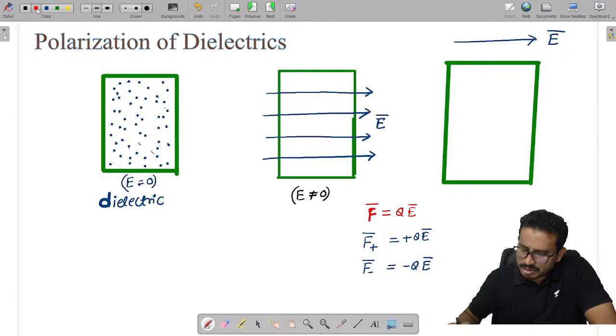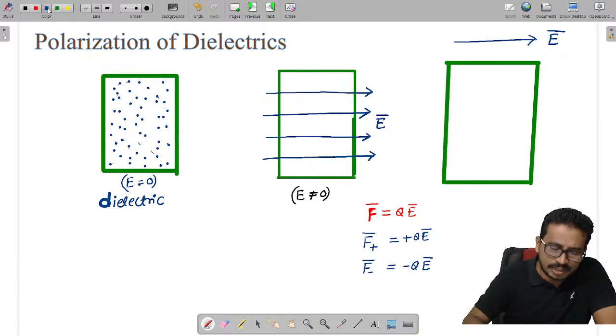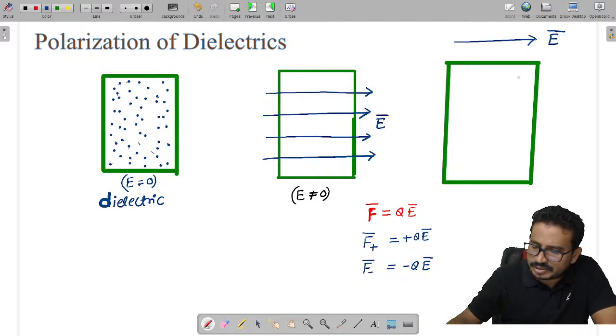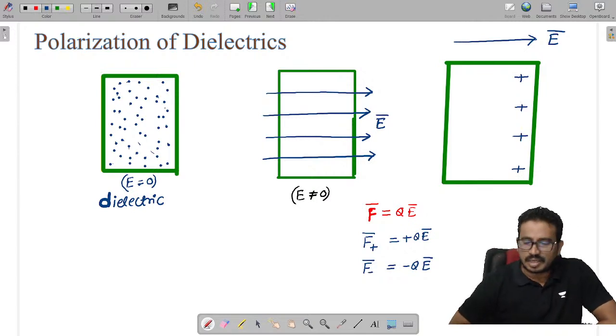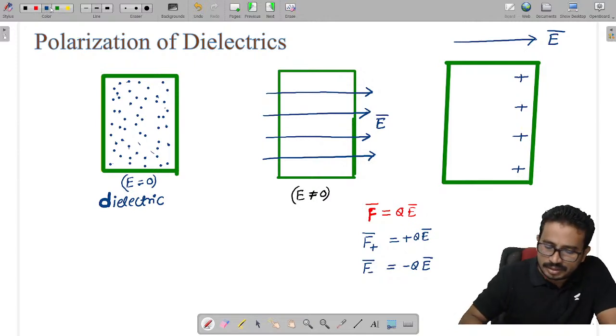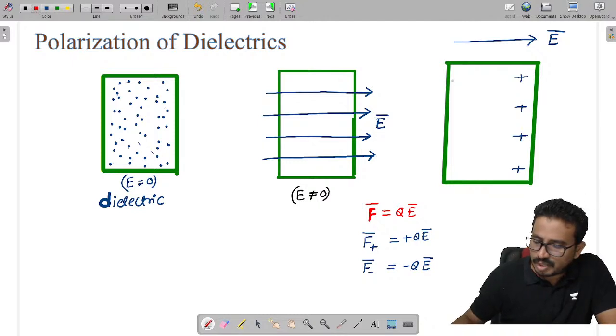Because of this force, all the positive charges will move along the direction of the electric field, and all the negative charges will move opposite to the electric field.